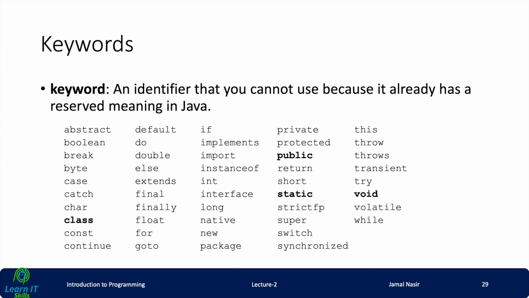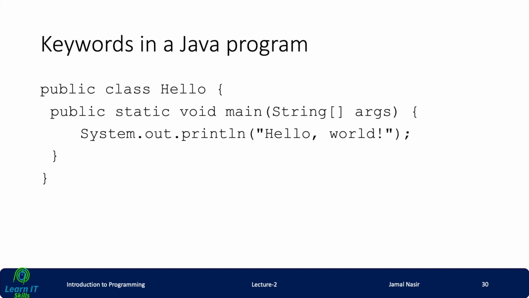So these are a few keywords. What is a keyword? An identifier that you cannot use because it already has a reserved meaning in Java. So in short, keywords are reserved words that we cannot use because in Java they have some meaning. Okay, so they are fixed. In our first program, we used a few Java keywords like public, static, class, void.